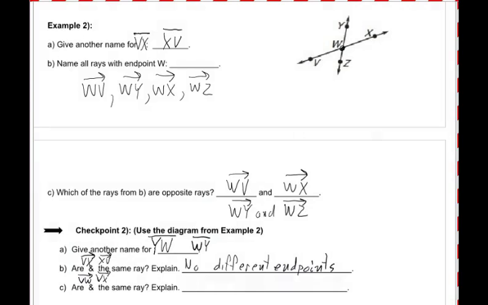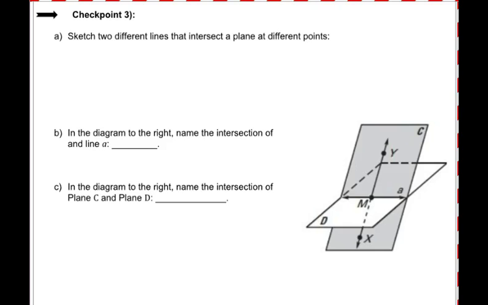VW and VX are the same ray because they have the same endpoint V and travel in the same direction. Checkpoint 3. Take a moment to pause and try this one.